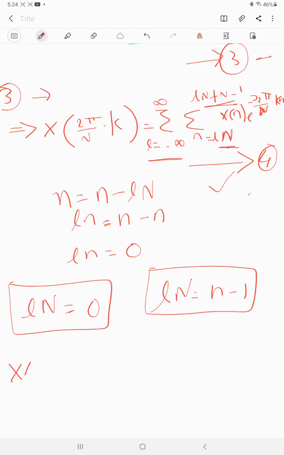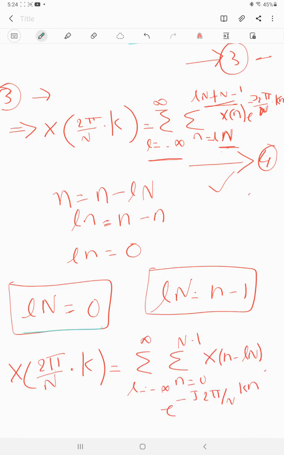X(2π/N · k) is equal to summation, by putting L equal to LN equal to 0, LN equal to N-1 in the above equation. Here we will get this equation: summation of L equal to minus infinity to infinity, summation of n equal to 0 to N-1, x(n - LN) e^(-j2π/N · kn). Let us rearrange this equation.